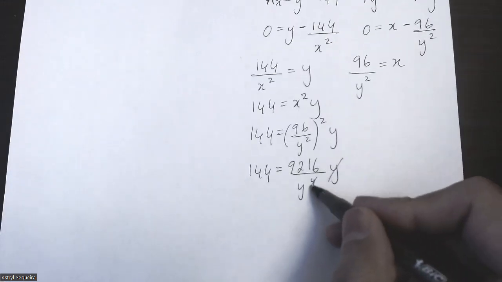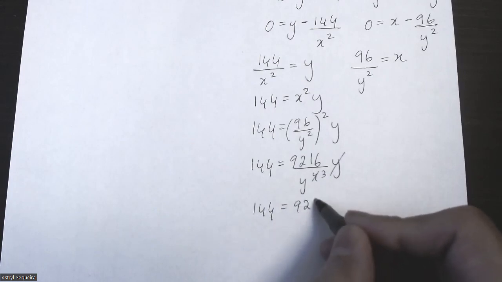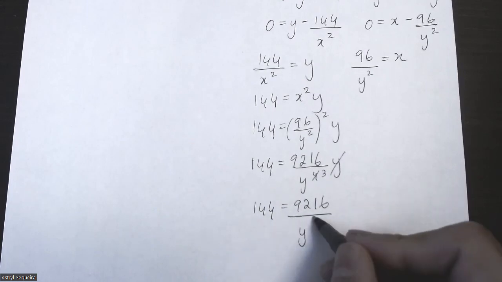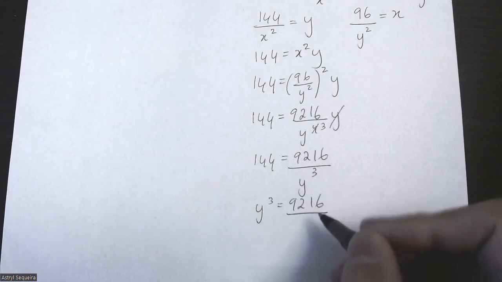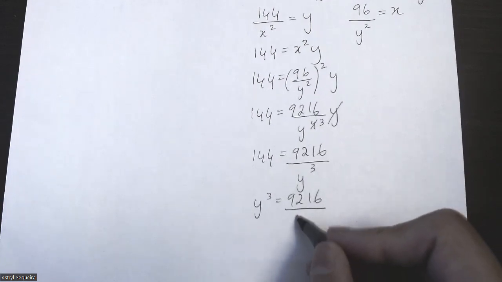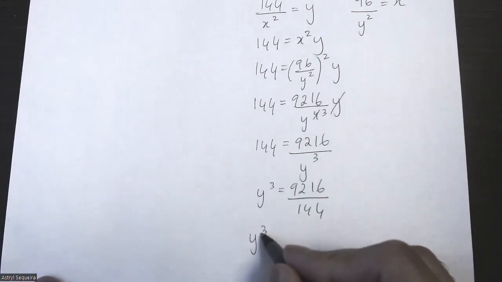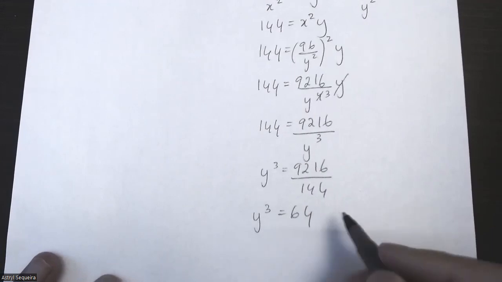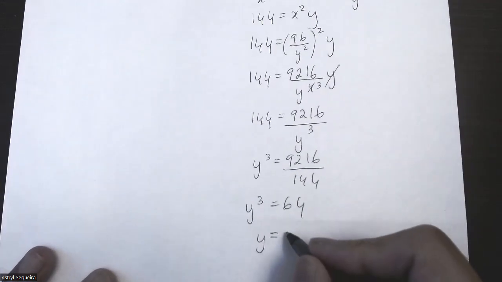This y and 4 will cancel to give me a y cubed. So 144 equals 9216 over y cubed. I'll cross multiply these two over. So y cubed is just 9216 over 144. And I'll do this in my calculator. I get y cubed equals 64. If I cube root, I will get y equals 4.